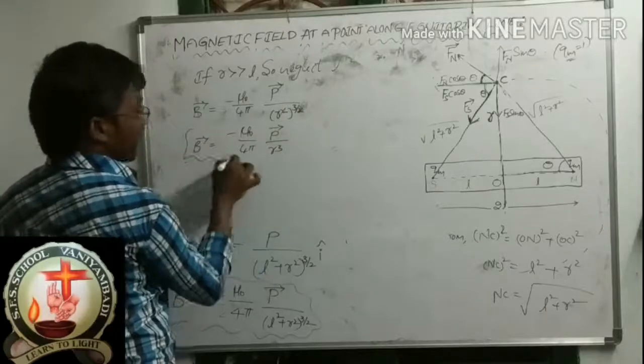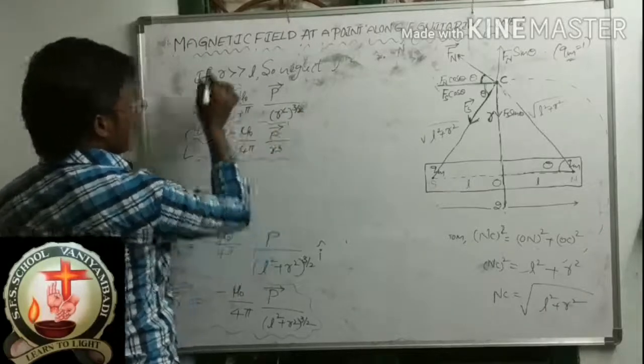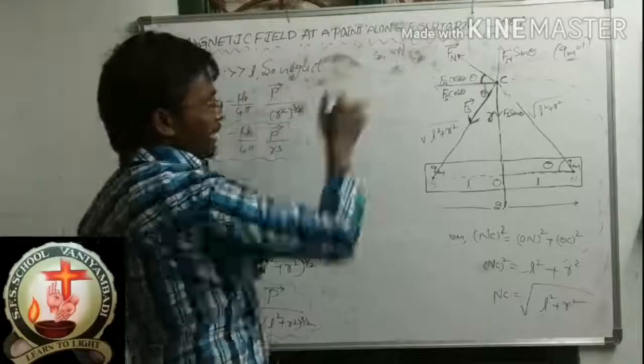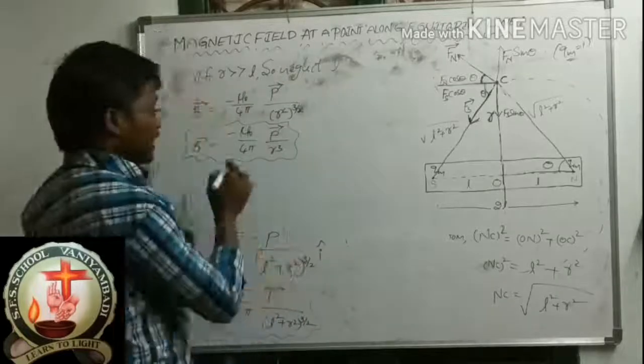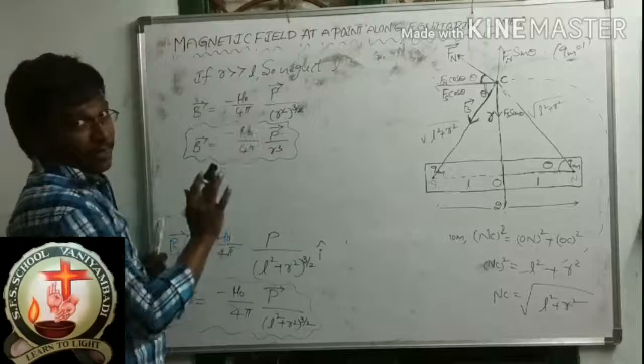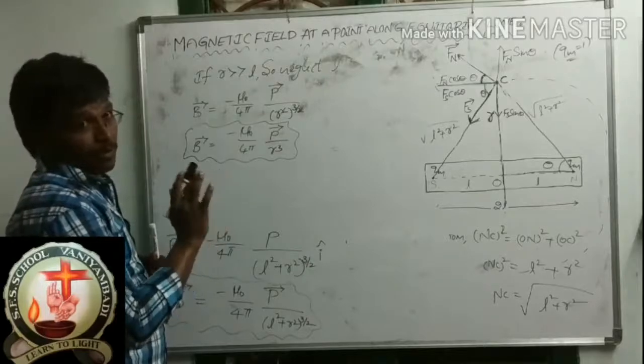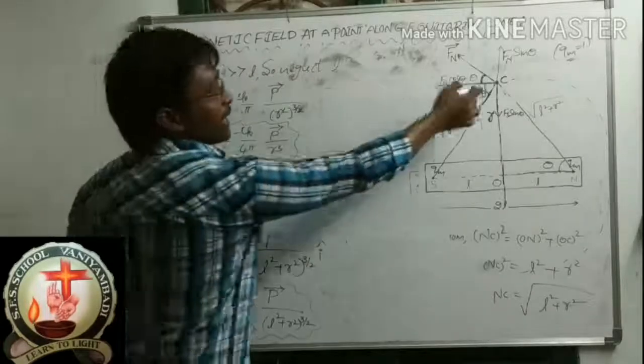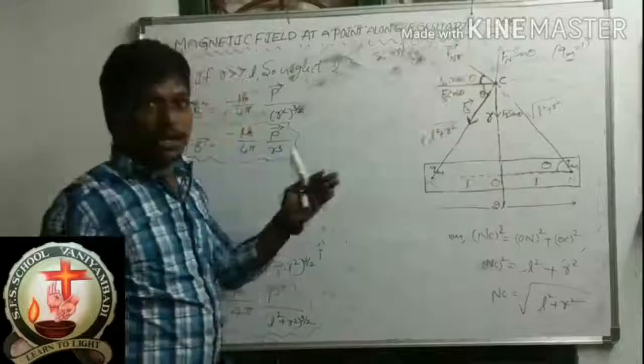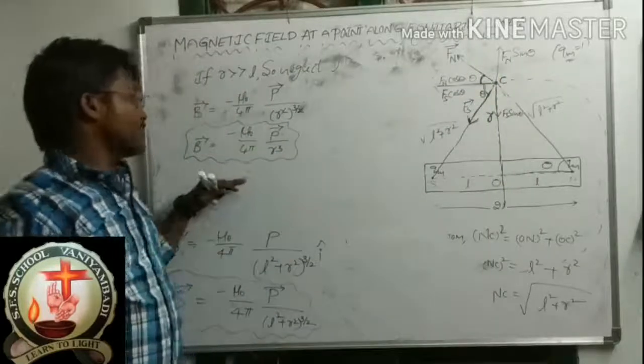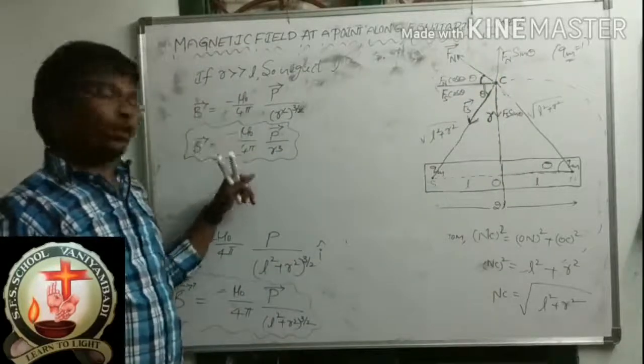So this is the final expression of the magnetic field at a point along the equatorial line. B bar is equal to minus mu naught by 4 pi into P bar by R cube.